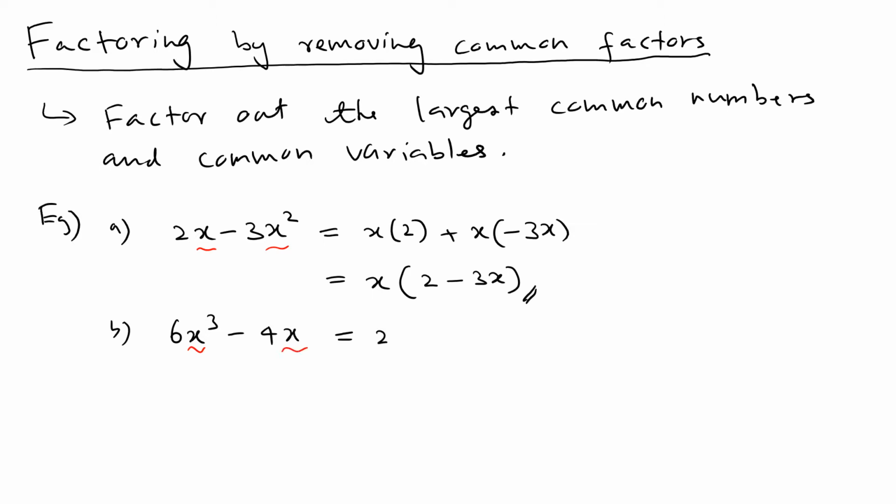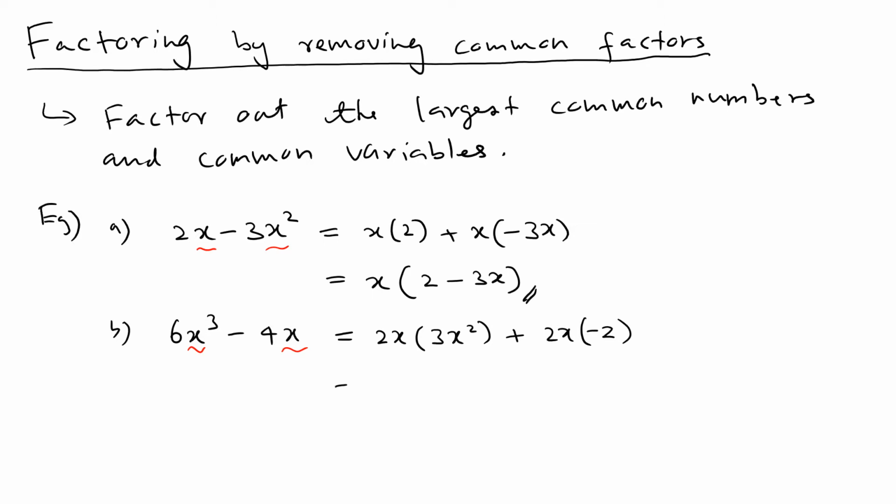So you pull out 2x. From the first one you're going to get 3x squared. From the next one, pulling out 2x, you're going to get negative 2, because we have negative 4, and there are no extra x terms because we pulled out the x.